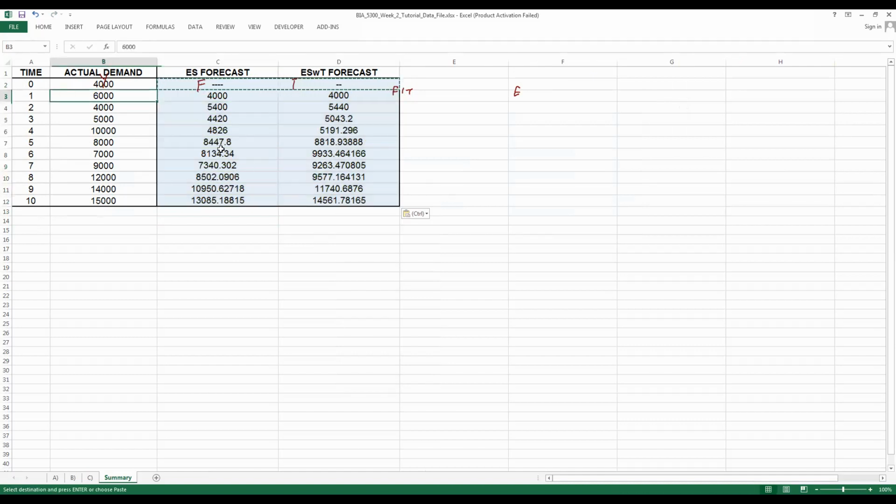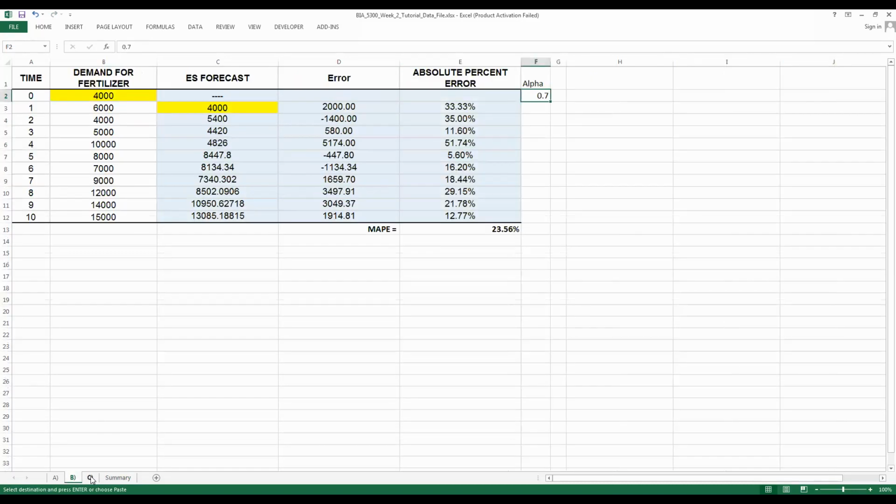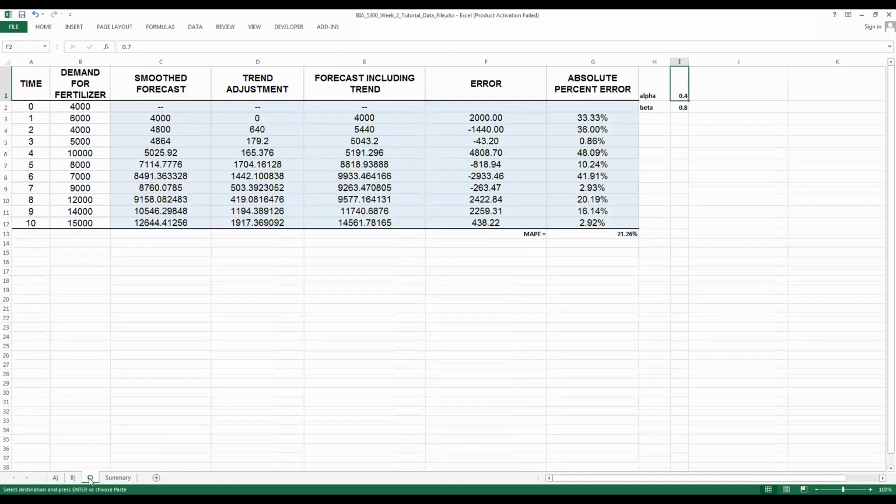These are my two different forecasts in my summary. Based on the MAPE, I like the version with trend better. I think the version with trend is doing a better job based on MAPE.